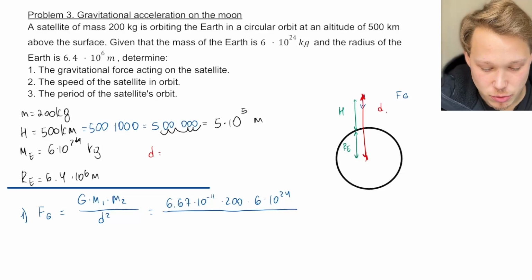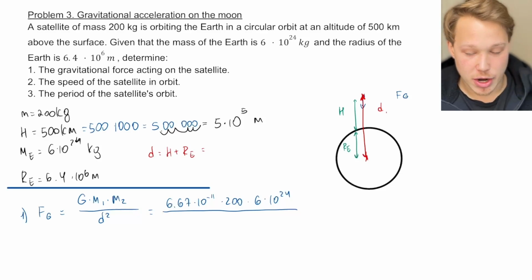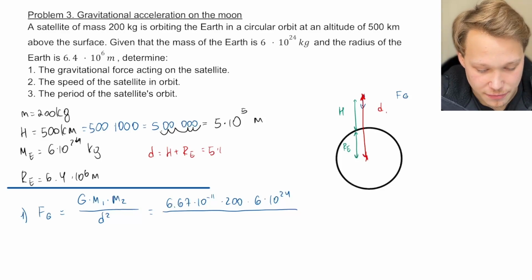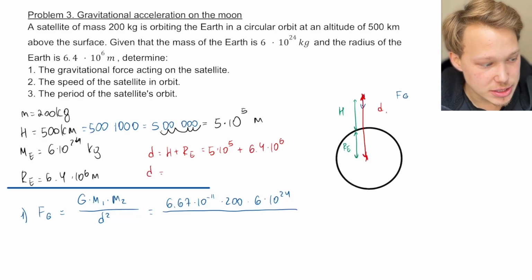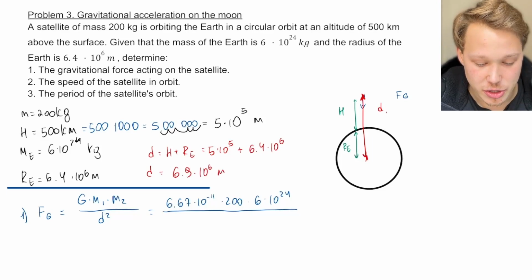So D is equal to h plus the radius of the Earth, where height is 5 times 10 to the 5, as we just calculated, plus radius of the Earth 6.4 times 10 to the 6, which simplifies to 6.9 times 10 to the 6 meters.